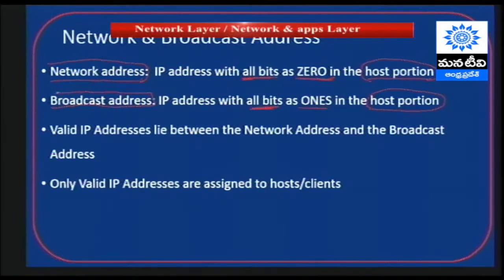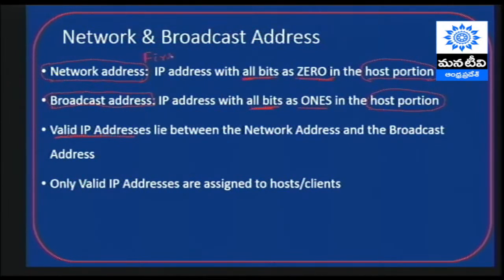So network address and broadcast address are the 2 unique IP addresses, and these 2 addresses cannot be assigned to the hosts. Only a valid IP can be assigned to a host. Remember, the network address is always the very first IP address in the group, whether it is class A, class B or class C, whereas the broadcast address is the last IP address.